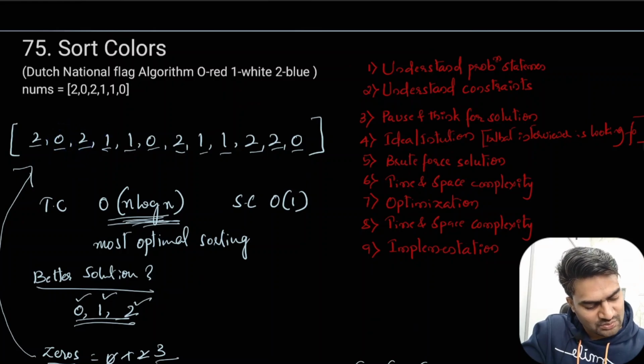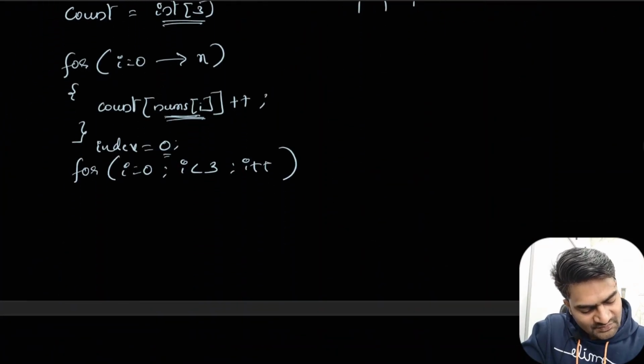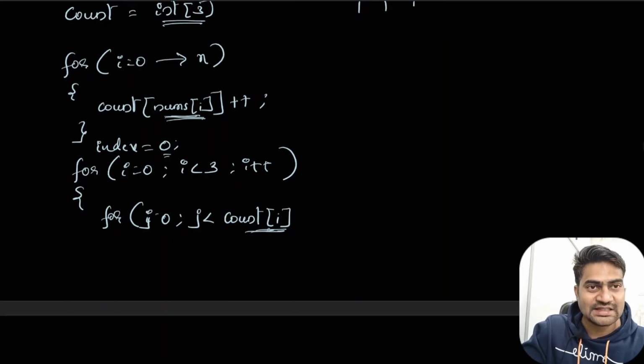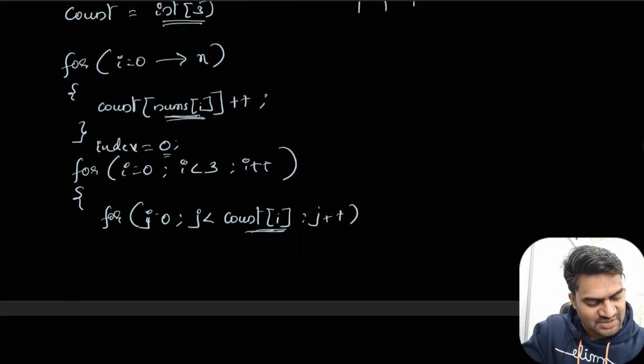Then I will iterate for j equal to 0. This is one more pointer. j less than count of i. So i is basically 0, 1 and 2. Then j plus plus.